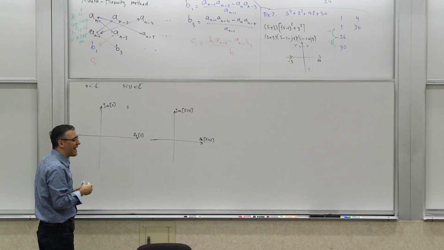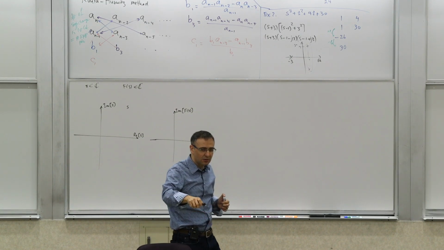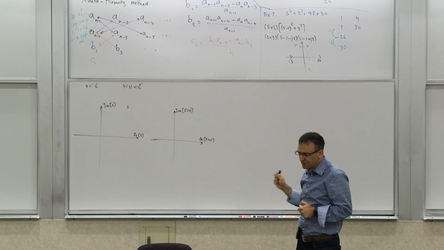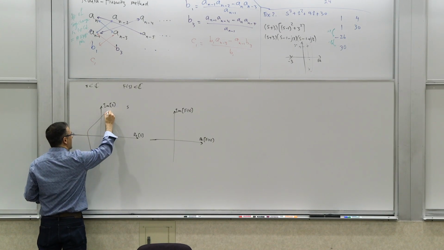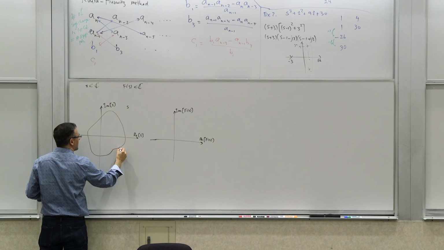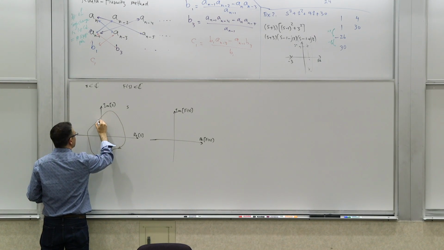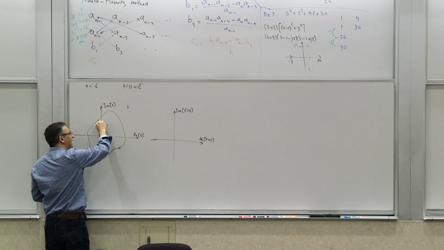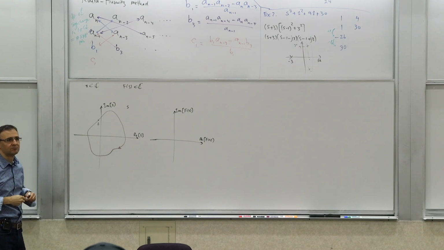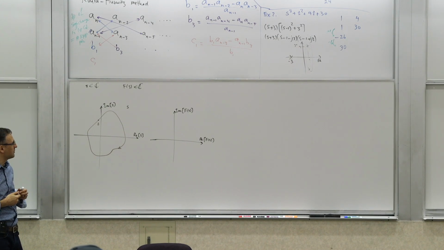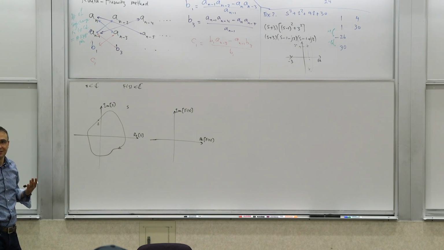So now let's say s traverses a closed contour. So let's say it takes a trajectory, it has a path that it traverses. So this is the value of s, right? So I take the s and change its values as it goes through here. What would happen on that side? What would you imagine would happen to the function f of s? The only thing that you can say is that this is going to be a closed contour, right?